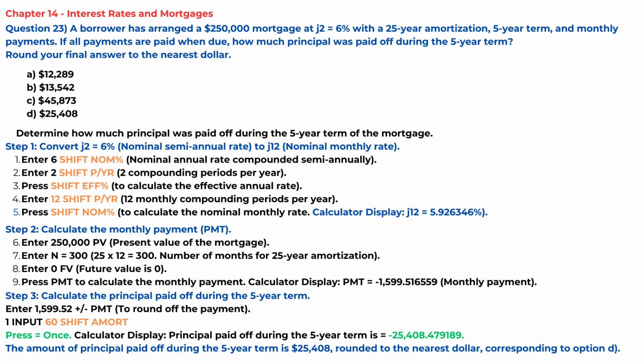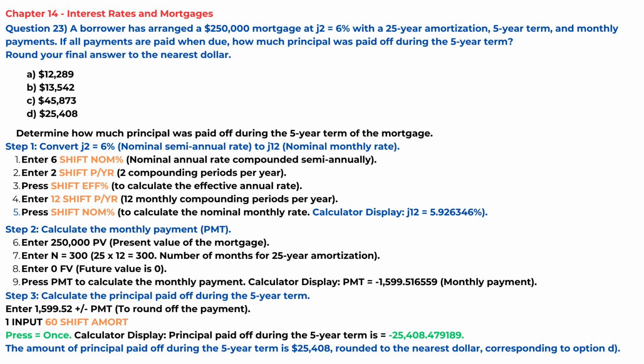Step 1. Convert J2 equals 6%, nominal semiannual rate to J12, nominal monthly rate. Enter 6, shift nominal annual rate compounded semiannually. Enter 2, shift PYR, 2 compounding periods per year. Press shift effective to calculate the effective annual rate.